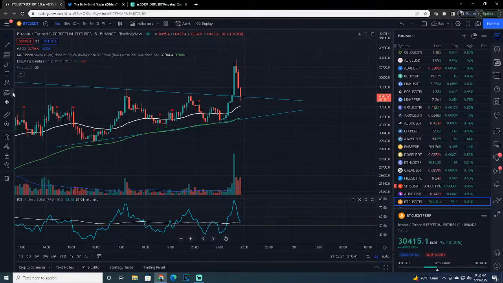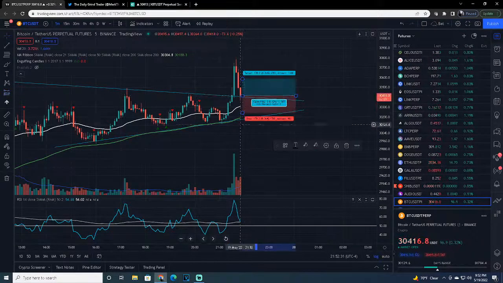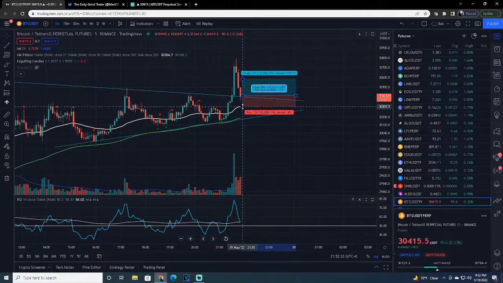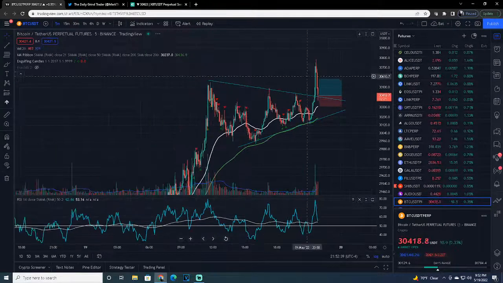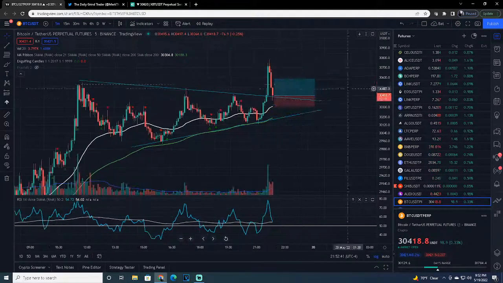I'm going to go ahead and set up a long position potentially for the next candle. I'm going to use the 21 period moving average for my stop loss.